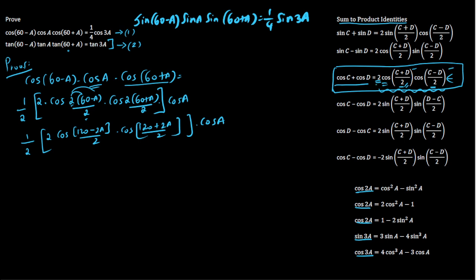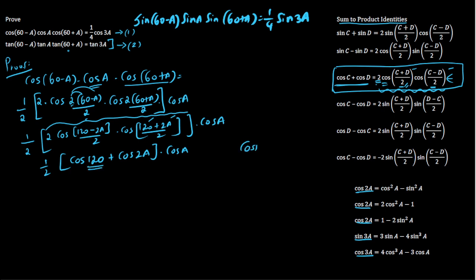So it's exactly the format we need to have cos C plus cos D. Here, this is our C, this is our D. So let's write it as cos 120 plus cos 2A, multiplied by cos A.